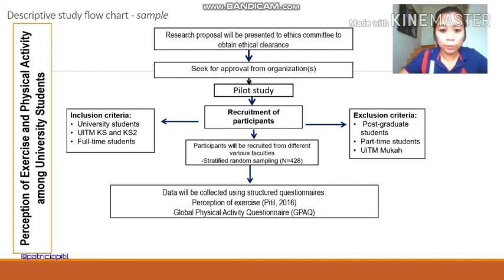Pilot study and recruit participants, inclusion and exclusion criteria. This relates to the sampling. Remember the sampling technique too. You have to include the characteristics you will use to determine your participants, and then exclusion, who does not need to be involved. And then how you recruit them, you just mention. It's very simple. However, in the detailed version, you should write in detail of this flowchart in data collection.